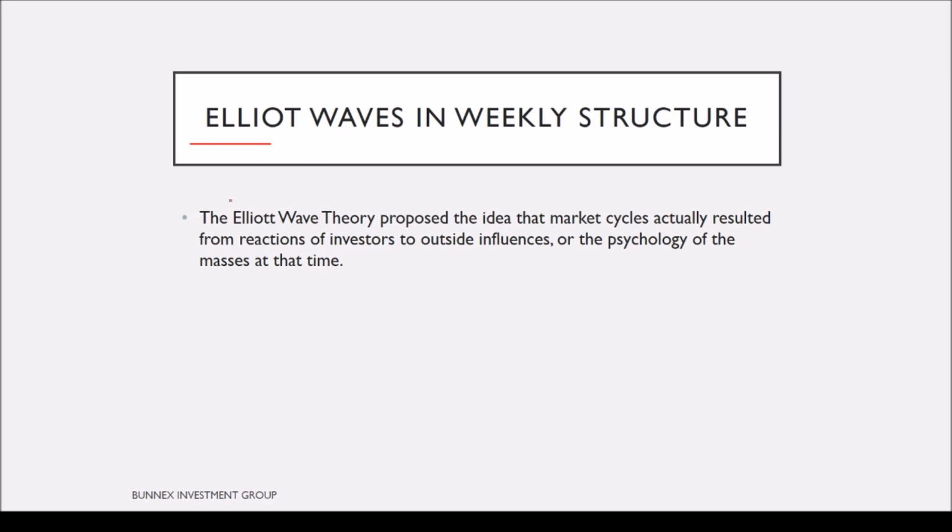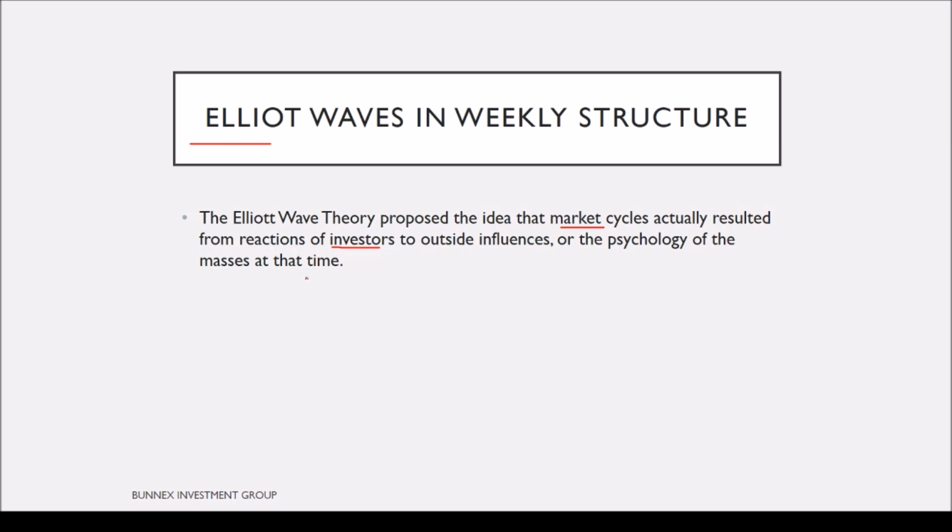Before we go deep, we'll need to reintroduce this theory. The Elliott wave theory proposed the idea that market cycles actually resulted from reactions of investors to outside influences or the psychology of masses at that time.